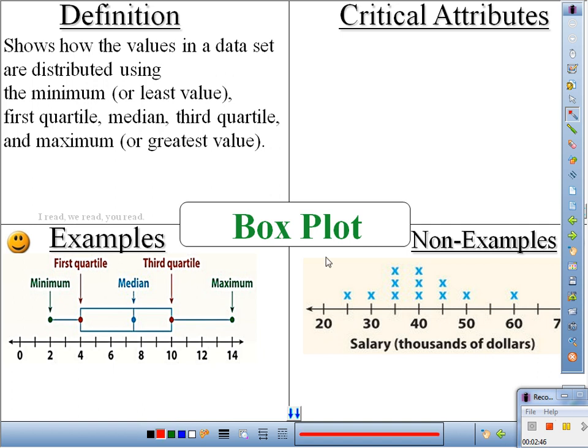All right. What are the essential attributes for a box plot? Hashtag what, Andrew?